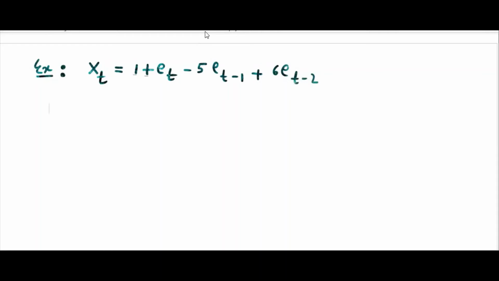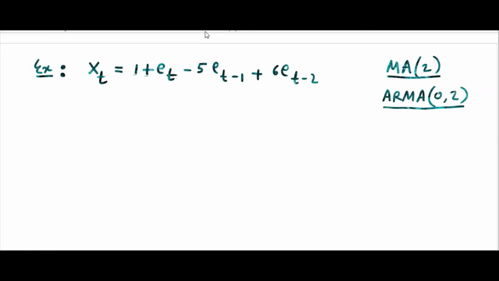Now if you see this one, you know that it's an MA process, a pure MA process. There is no AR part here. You see the lag 2, so you can write MA2 process. If you want to classify it as ARMA, you can write ARMA 0,2. So ARMA 0,2 and MA2 are the same.